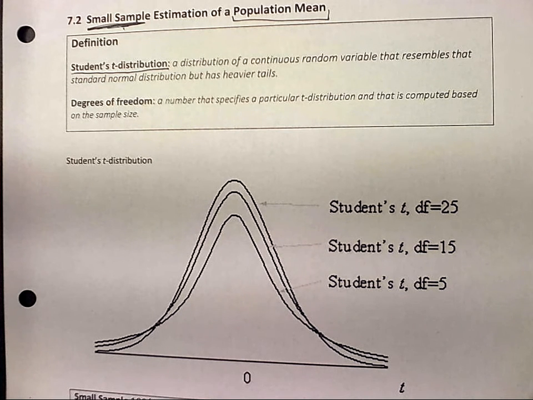So it's just shorter, and when you push down on the top, the tails get fatter. But then as your sample size increased from like 5 to 10, you can think of somebody pulling up on this. Once you got to 20, it's up higher. Once you got up to 25, it's even higher. And once you got to 30, that's when the central limit theorem came into play.